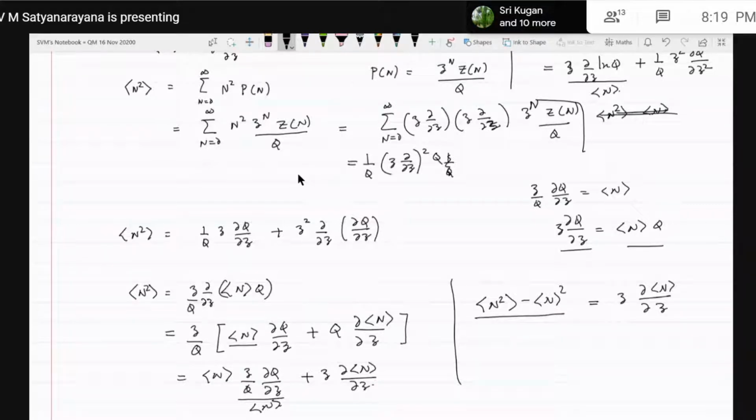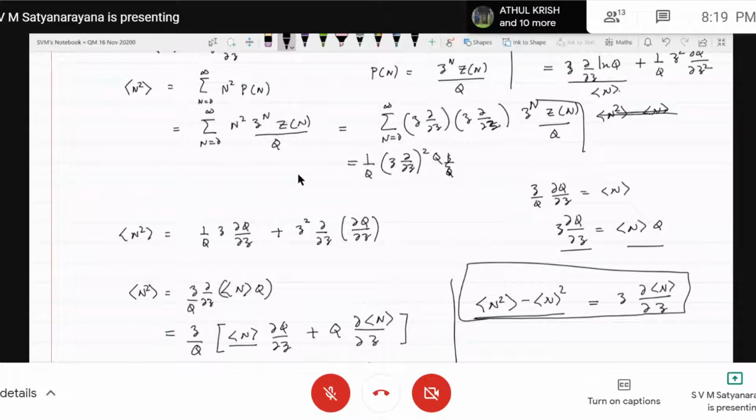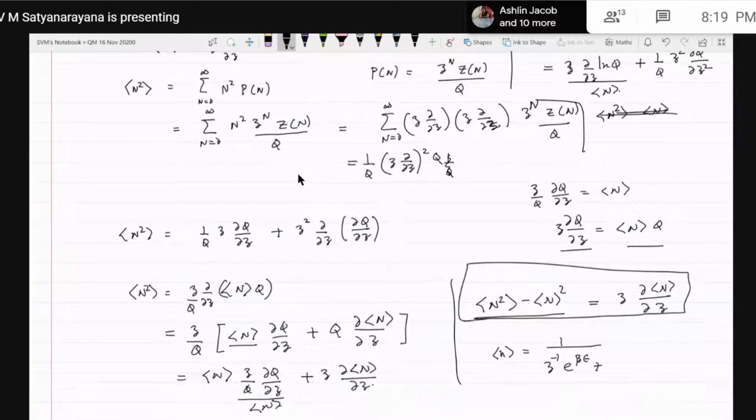So this derivation, whatever I have written here, is in general true for a single particle or many particles. Now suppose you want to write it for a single particle, the average n is equal to 1 by z inverse e to the minus beta epsilon plus 1. So what will be dou n by dou z?